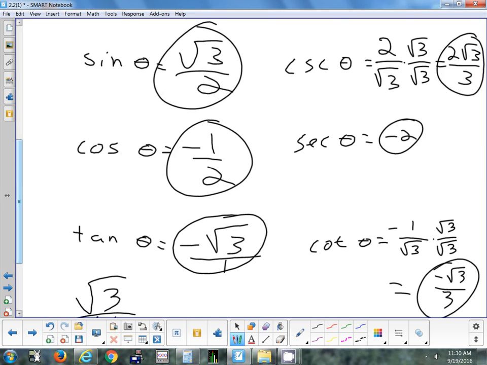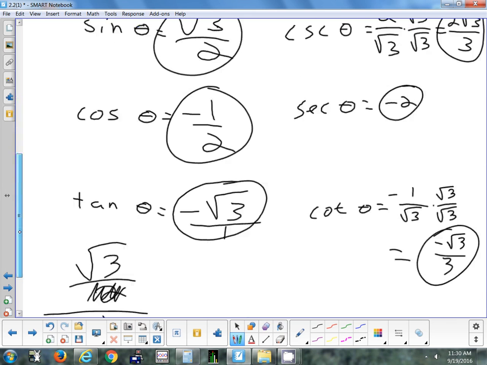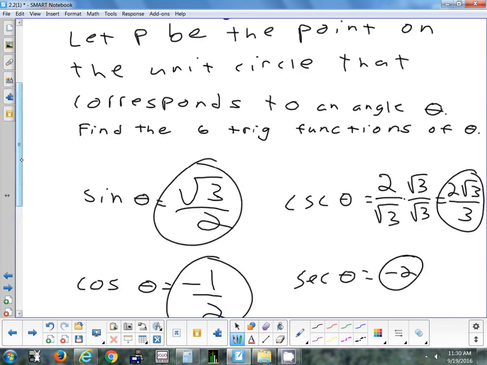Now on the test, this would be 6 problems. Each answer would be its own problem. I'm not going to ask you to do all 6 in the same problem. Okay? Hey, questions on that? Okay, so again, we're finding the sine of an angle.